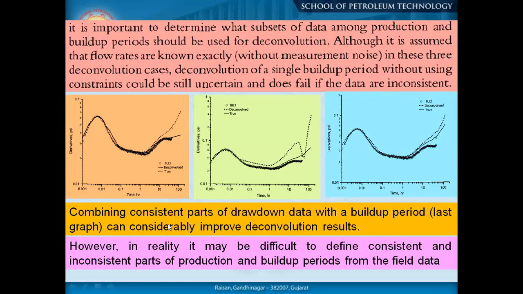Combining the consistent part of drawdown data with a build-up period can considerably improve deconvolution results. In the last case, this is the true response, this is the third build-up, and once we add some of the production period, it more or less matches. That means each and every part will give you a disturbed situation if our data subset is not proper.